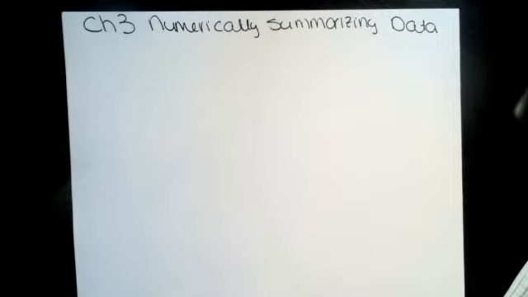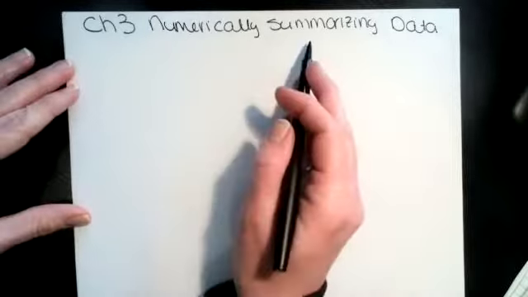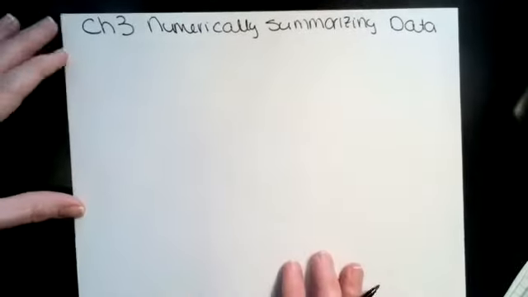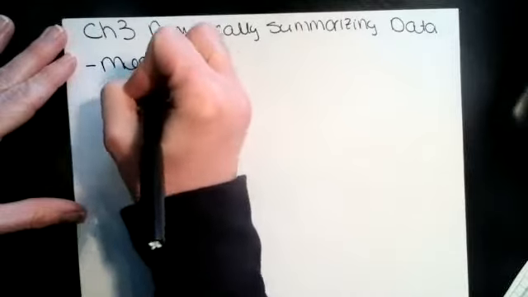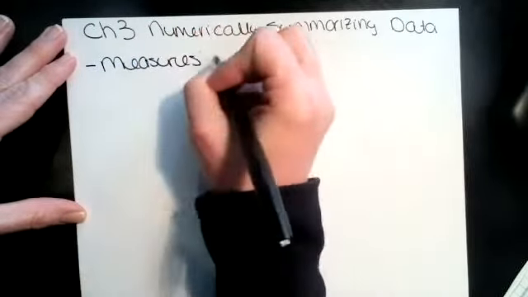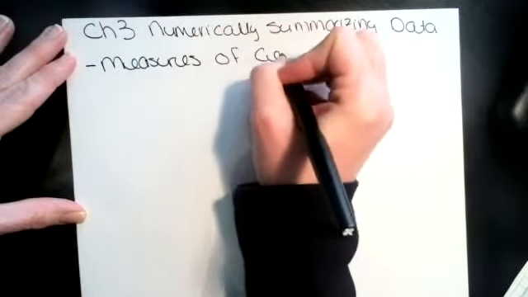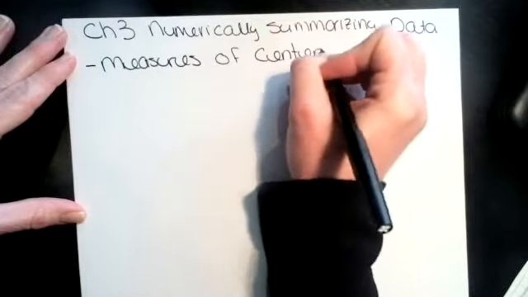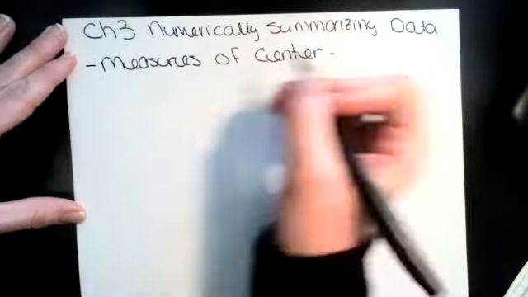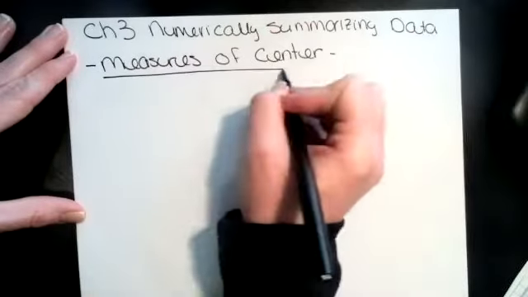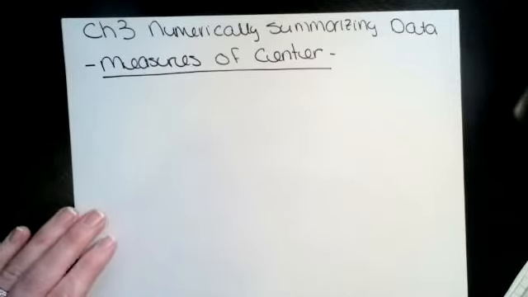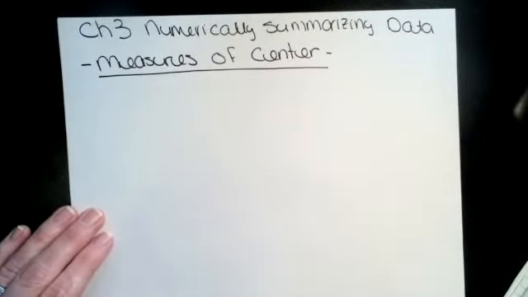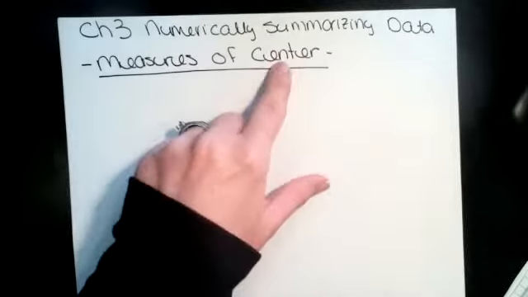Okay, so we have a few different things we're going to talk about with numerically summarizing data today, and the first thing is the measures of center. So remember, there's different terms you might see out there. I always call this the center, and your book, I think, may refer to it as central tendencies. Sometimes I also call this typical value.